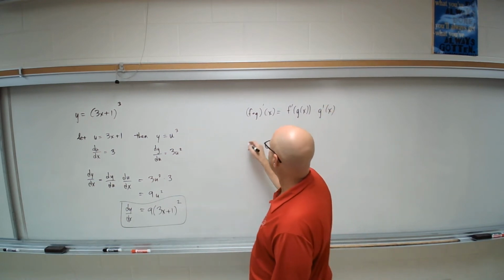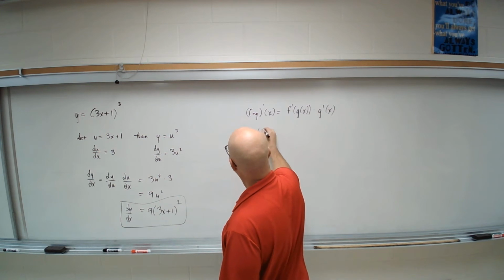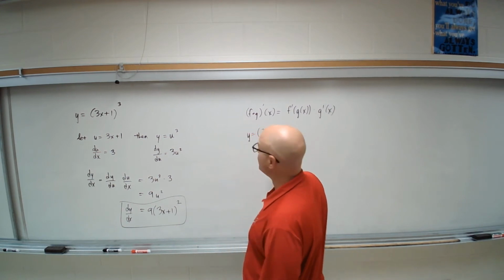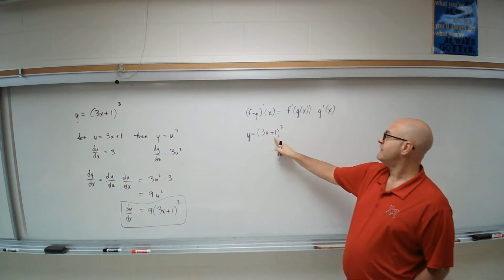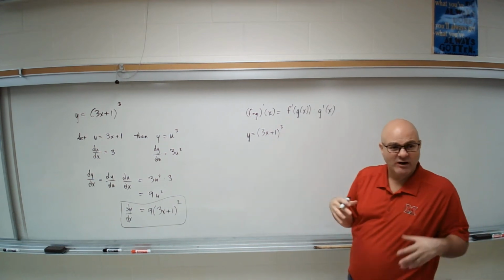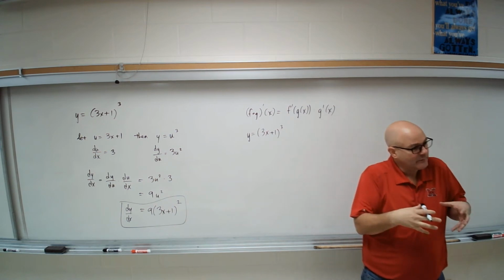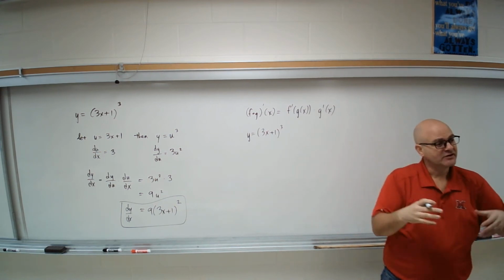So if we're looking at our function, y equals 3x plus 1 cubed, our inner function here, our g of x, is this 3x plus 1 because that's the inside. That's the thing that we do first. The outer function is what we're going to do first.